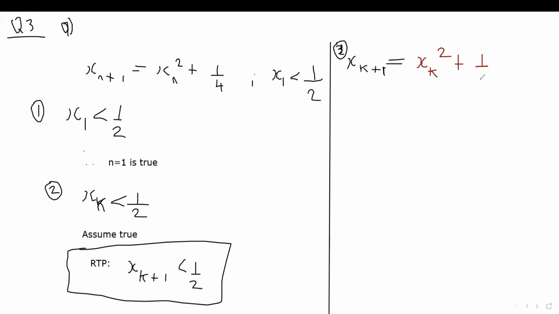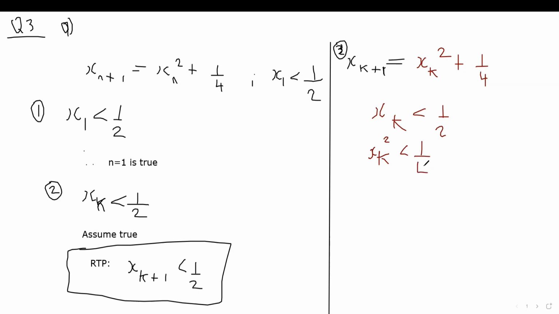Now in order to show that xk plus 1 is less than a half, we're going to start from xk and remember that xk is less than a half. So that means xk squared is going to be less than a half squared, which is a quarter.